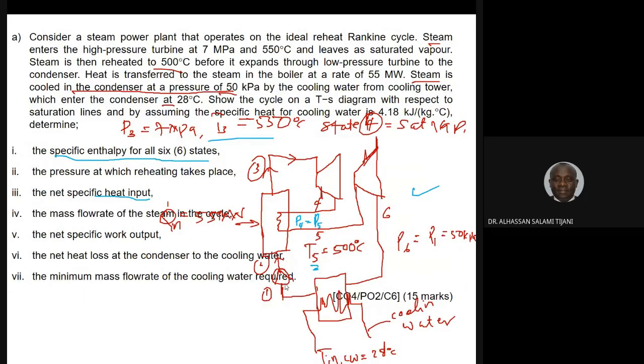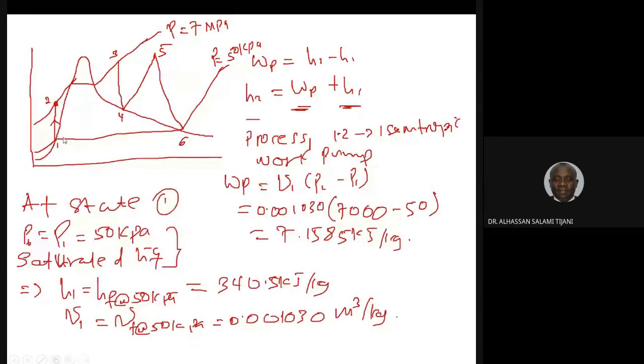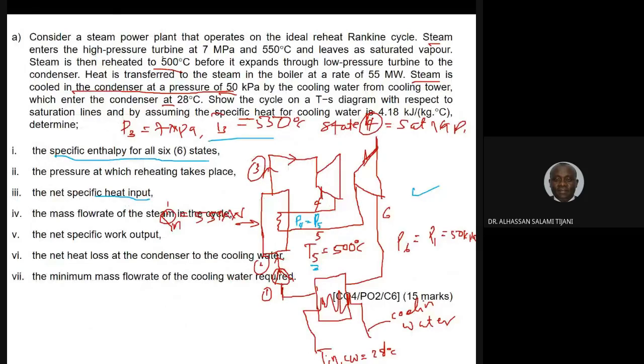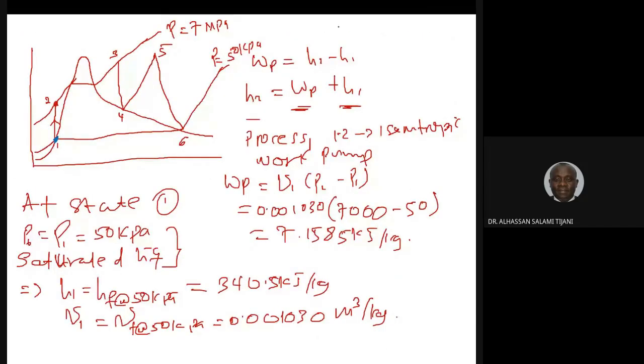We have also sketched the TS diagram for the whole cycle. This is the TS diagram for the cycle. So start from state 1. Normally when you are told an ideal Rankine cycle, the fluid always enters the pump as saturated liquid, and then it is compressed into the compressed liquid state before we continue with the heating process.